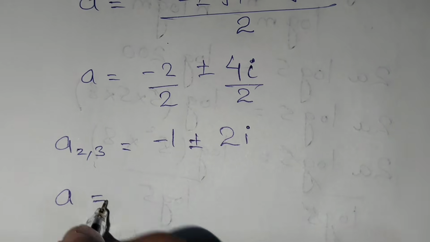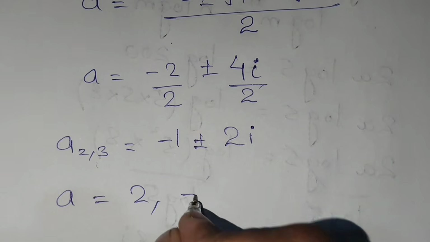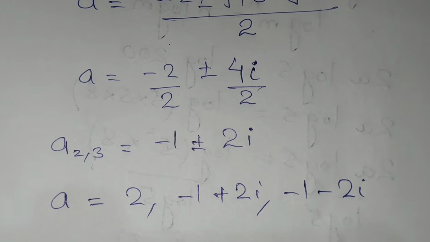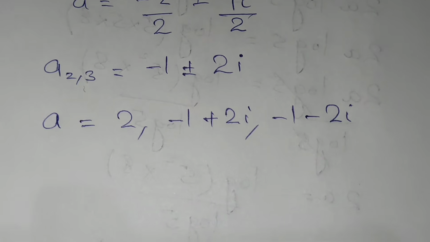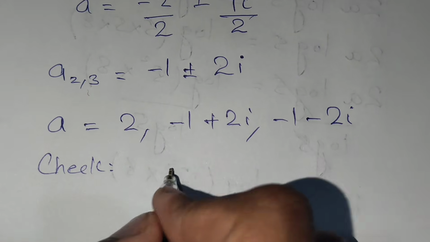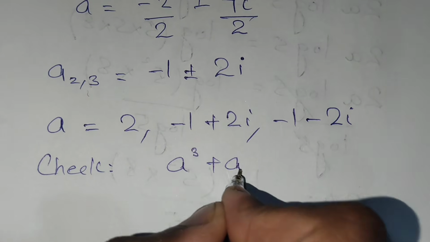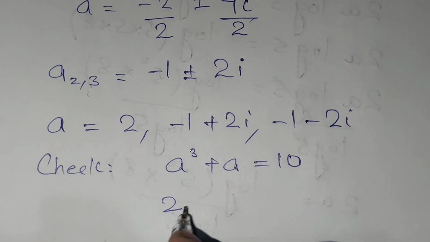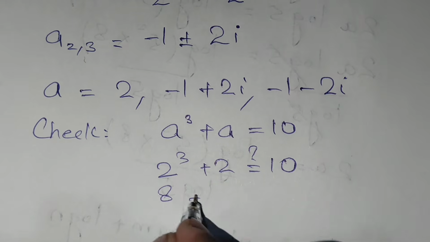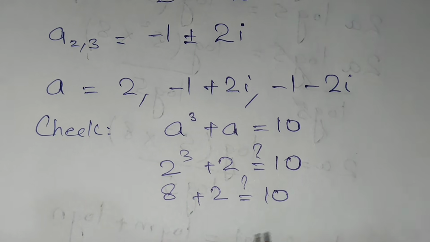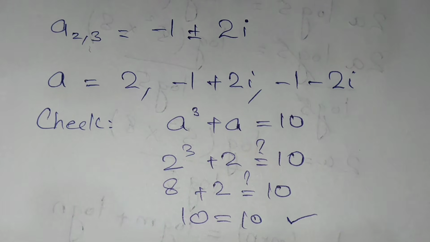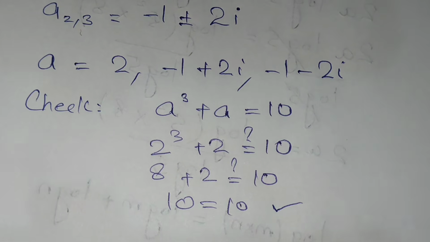So we have three values of a. One is real, 2, second minus 1 plus 2 iota, and third is minus 1 minus 2 iota. If we put the real value in the given equation for check, a cube plus a equals 10, so it will be 2 cube plus 2, 8 plus 2, 10, and 10 is equal to 10, so left hand side equal to right hand side, and our value of a is 2.